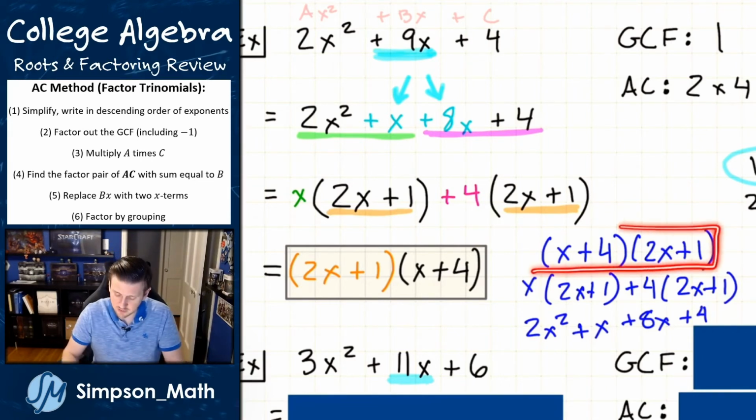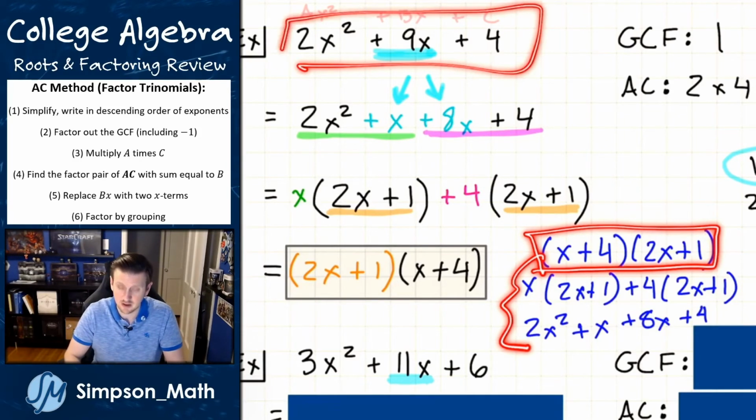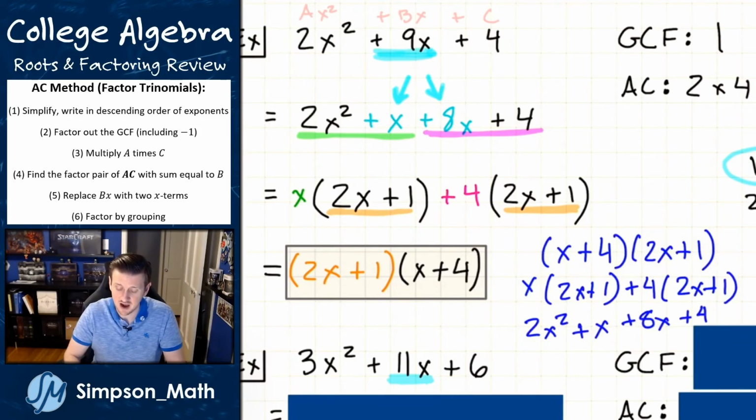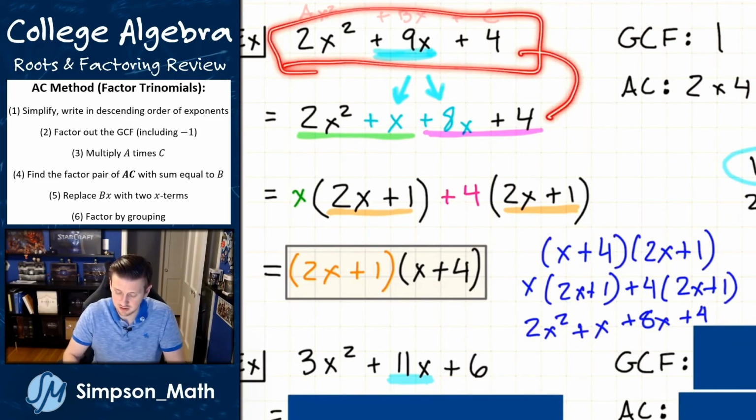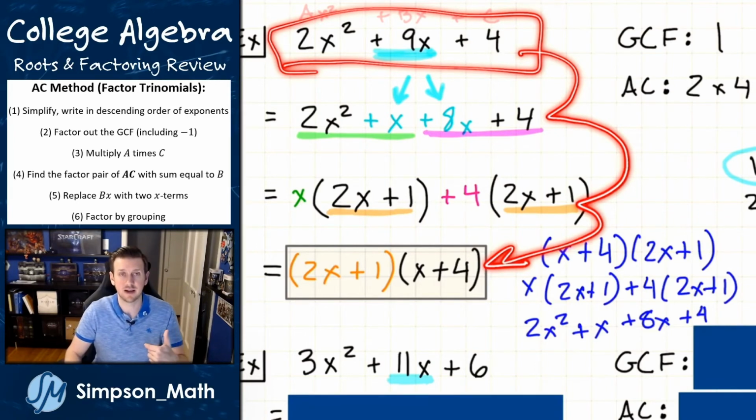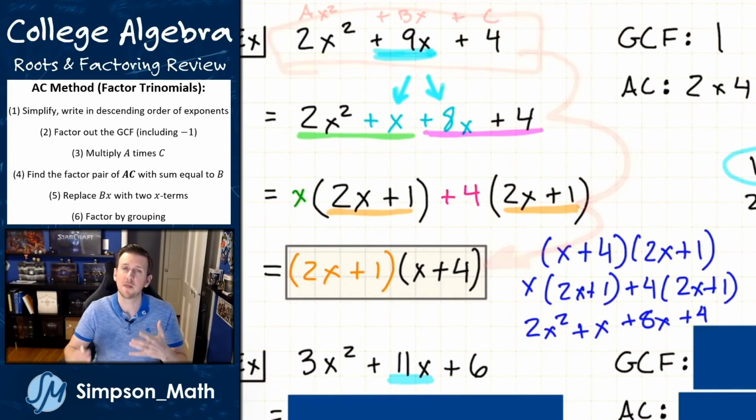So again, if we start with our factors and distribute, we end up with our trinomial. That means if I undistribute, or factor, I end up with my set of factors. So hopefully you can see the power of the AC method. It's fail-safe, it'll always work. Just follow these steps. Let's take a look at a few more examples.